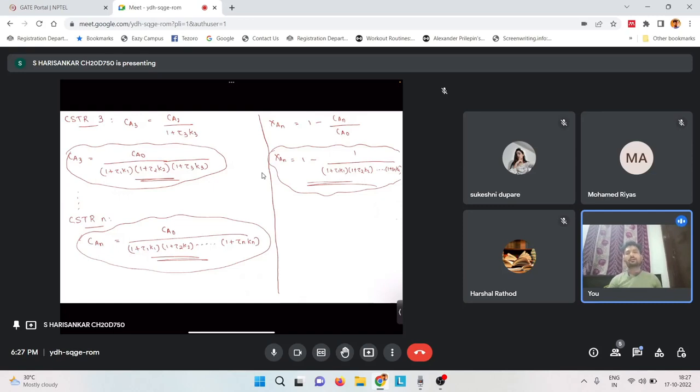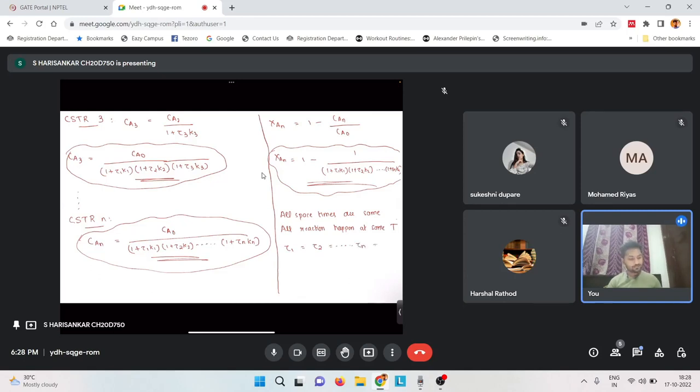Now, let's take a special case. What if all the space times are the same, and also all the reactions happen at the same temperature? So when all the space times are the same, that means tau 1 is equal to tau 2 is equal to, these are all the same.